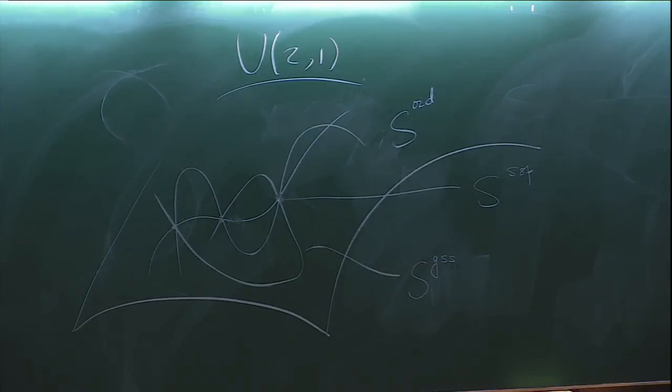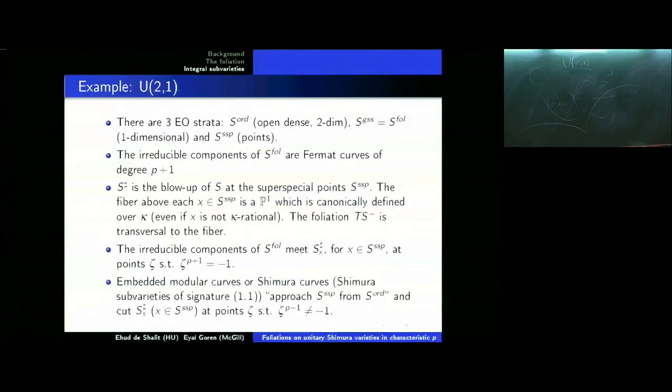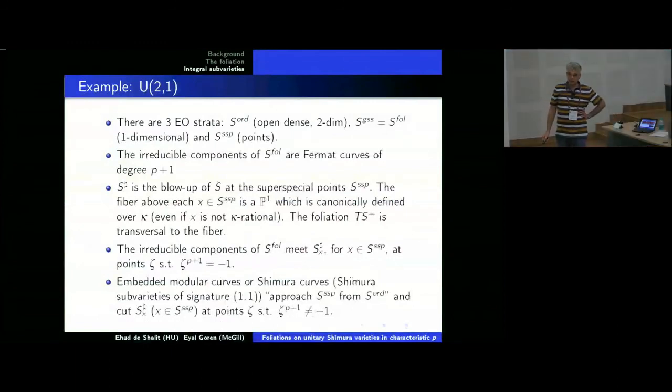And in fact, you can say more, these P1s that you have, if you worry about field of definition, can be canonically defined over kappa, even if these supersingular points, because maybe of tame level structure, are not defined over fp squared. The P1s, somehow they come from level 1, are defined over fp squared.